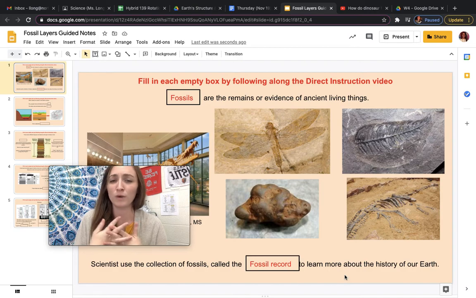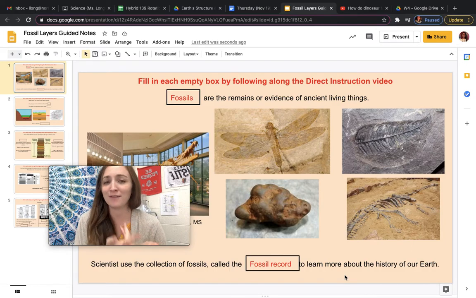Because right now we've got deer, we've got squirrels, we've got certain types of trees, but perhaps millions and millions of years ago, we didn't have squirrels, we didn't have us, we didn't have what we have today. So we can look at these fossils to figure out, okay, what did the earth look like at this time period?